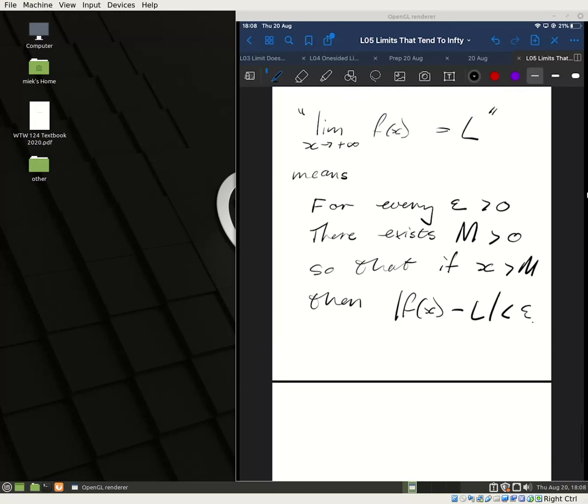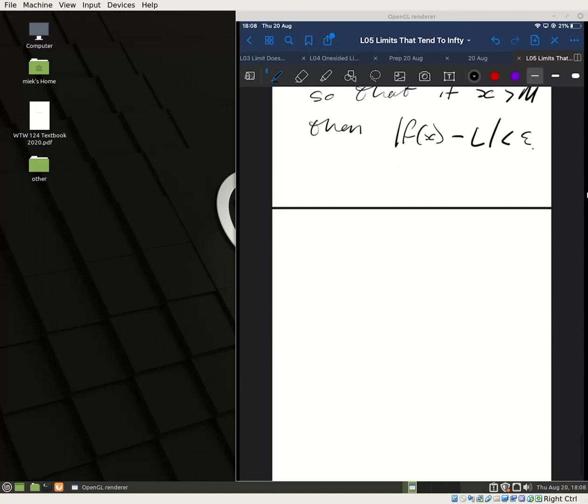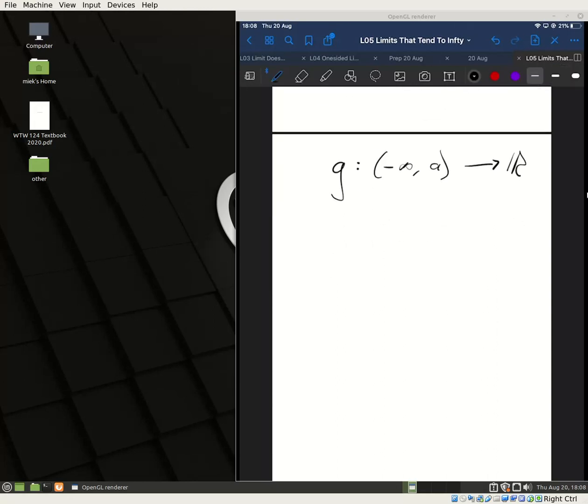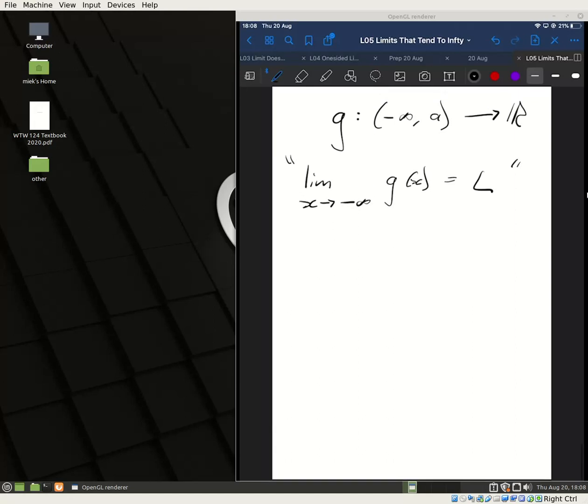Okay. And of course you have a corresponding definition for limits at minus infinity. So if you have a function defined on an interval going to minus infinity, then the limit as x tends to minus infinity of g of x is equal to L. What does this mean?